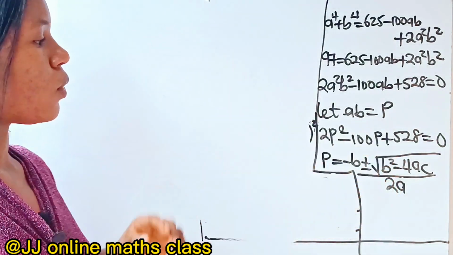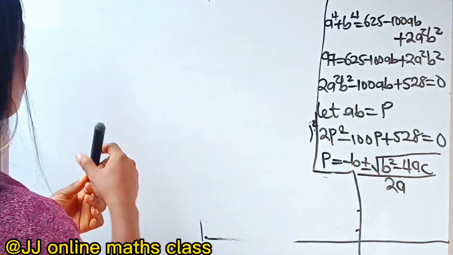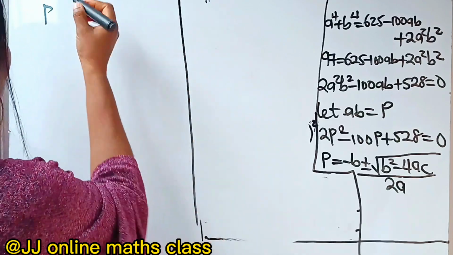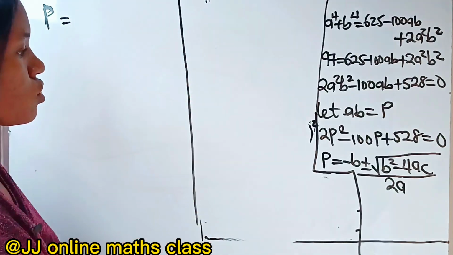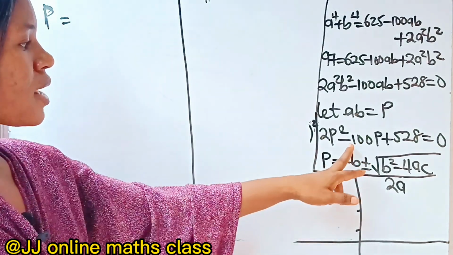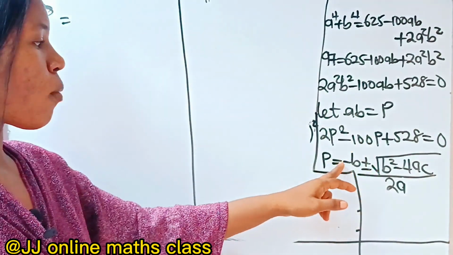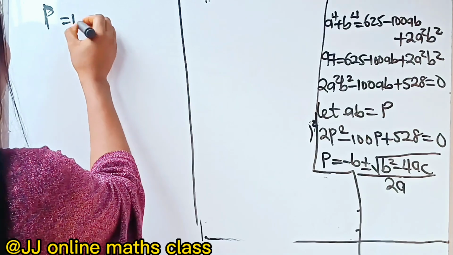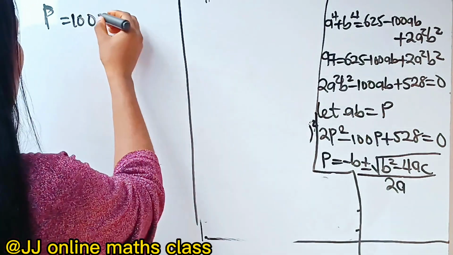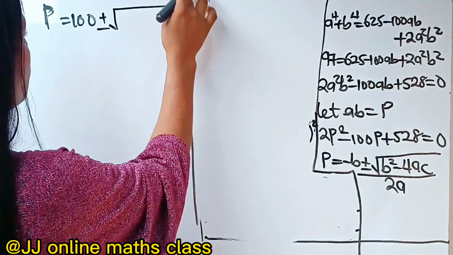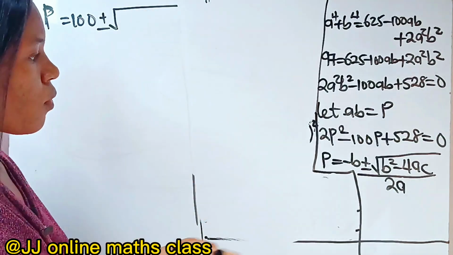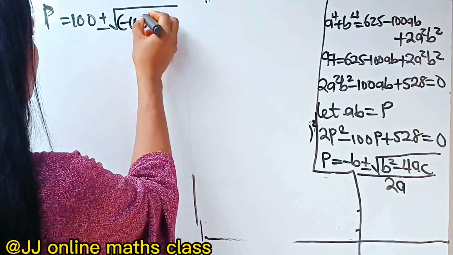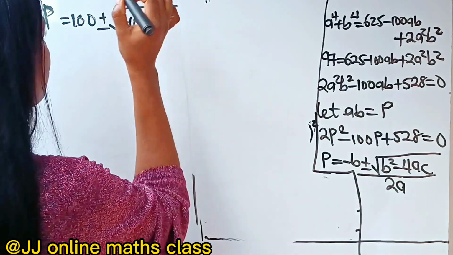So looking at this now, we can now solve P. Our P is equal to minus B. Remember that our B is minus 100 already. So minus minus becomes plus. So we are going to have 100 here as our minus B. 100 plus or minus square root of, now our B squared should be minus 100 squared, right? Minus 100 squared.